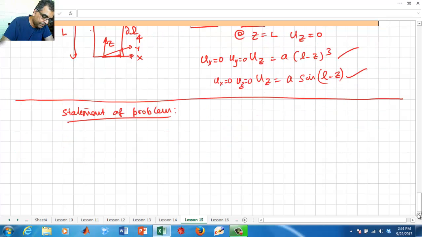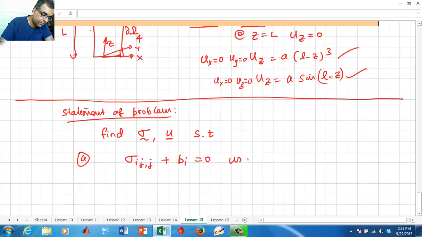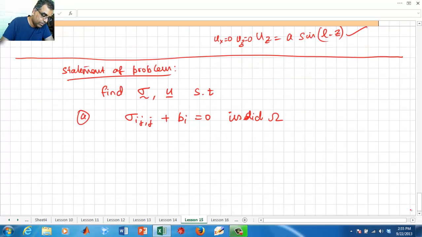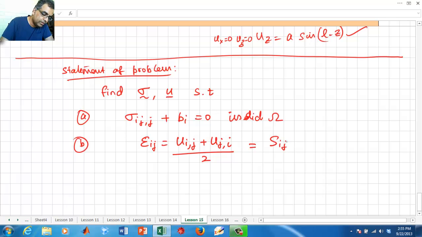Find sigma and u such that A, sigma ij comma j plus bi equal to 0 inside omega. B, epsilon ij equals ui comma j plus uj comma i divided by 2 must be equal to sij kl sigma kl.